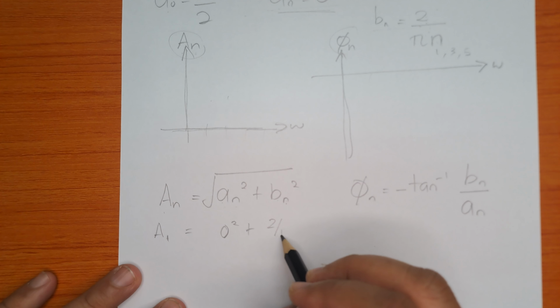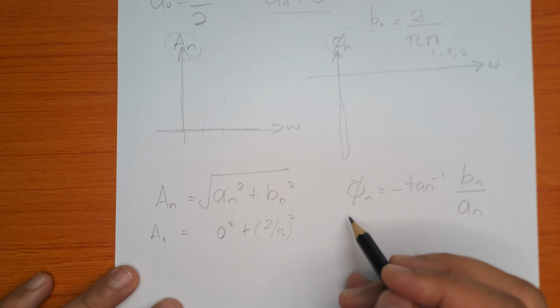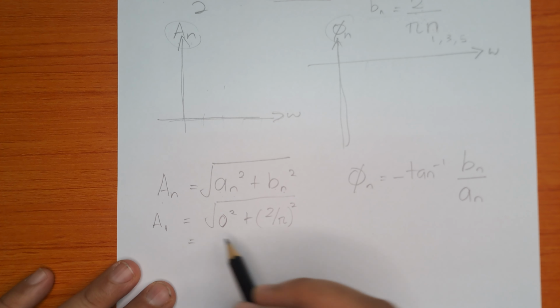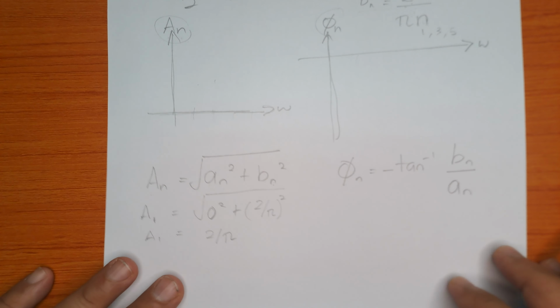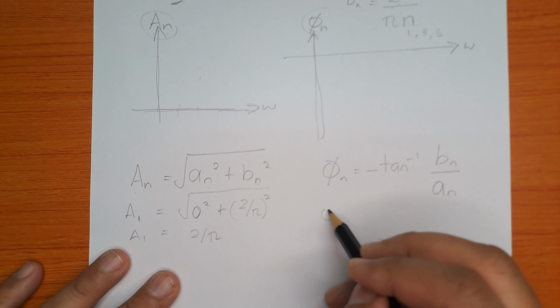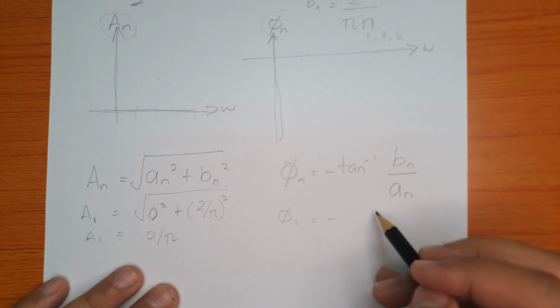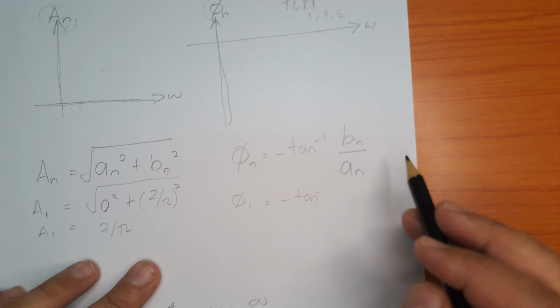The square root of the squares gives us basically 2 over pi. This is for A1. And then same thing for the phase.